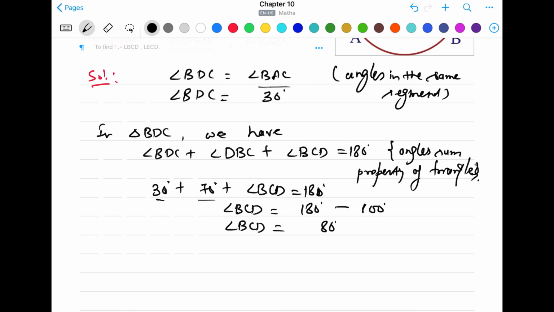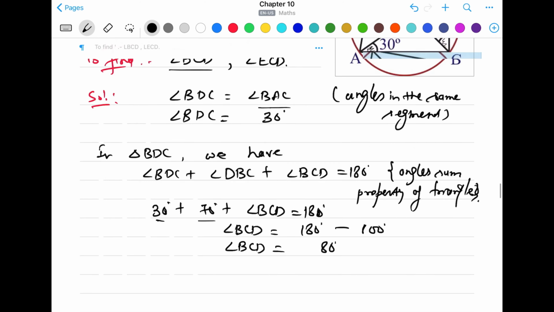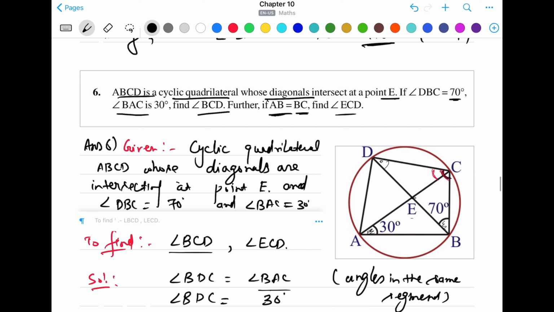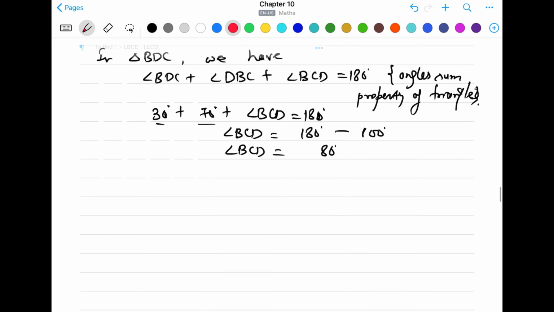Now we are going to find the second angle. The question says that AB and BC are equal. That means these two sides AB and BC are equal, and we know that angles opposite to equal sides are equal.